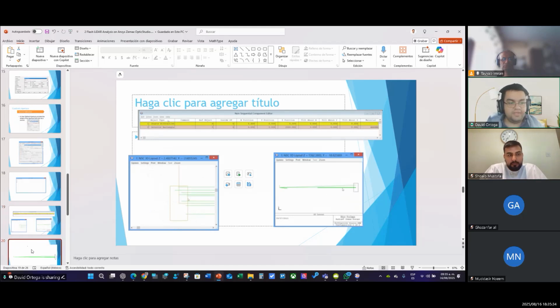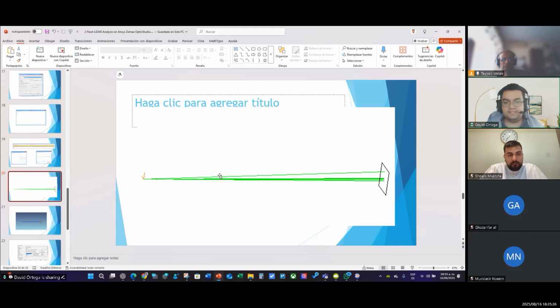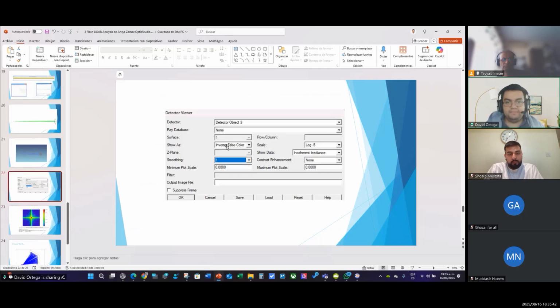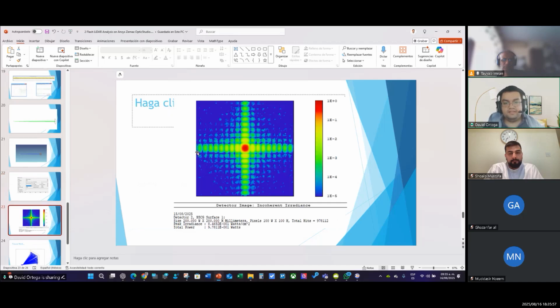And when you have the rays, you can even see a little dispersion in the rays. Then in the detector viewer, we configure for log -5. Log -5 gives the less intense orders the opportunity to manifest. And in this case, we have this pattern of the incoherent irradiance, which is the typical pattern of the quadratic aperture.